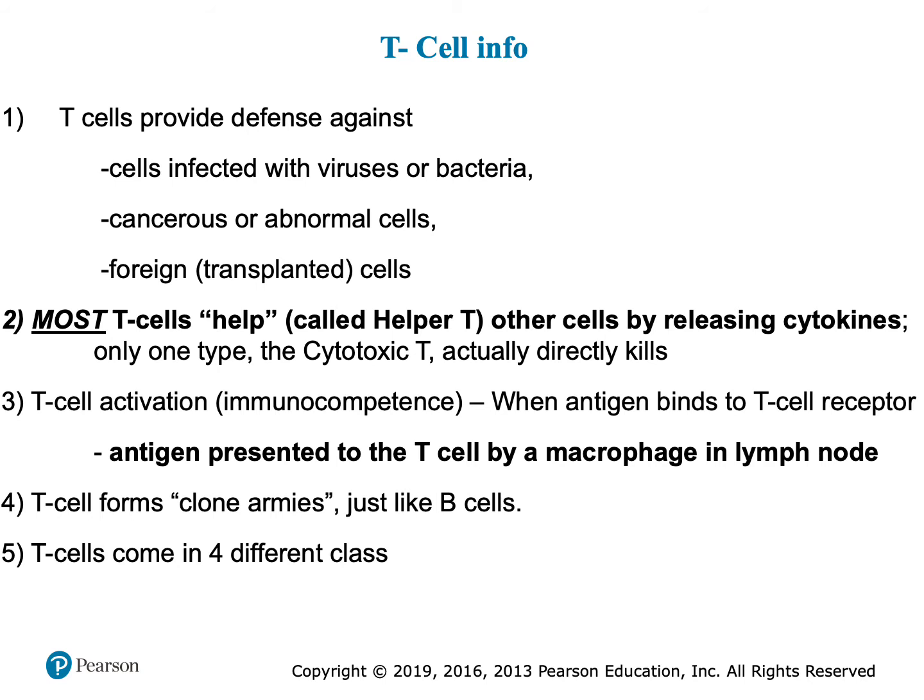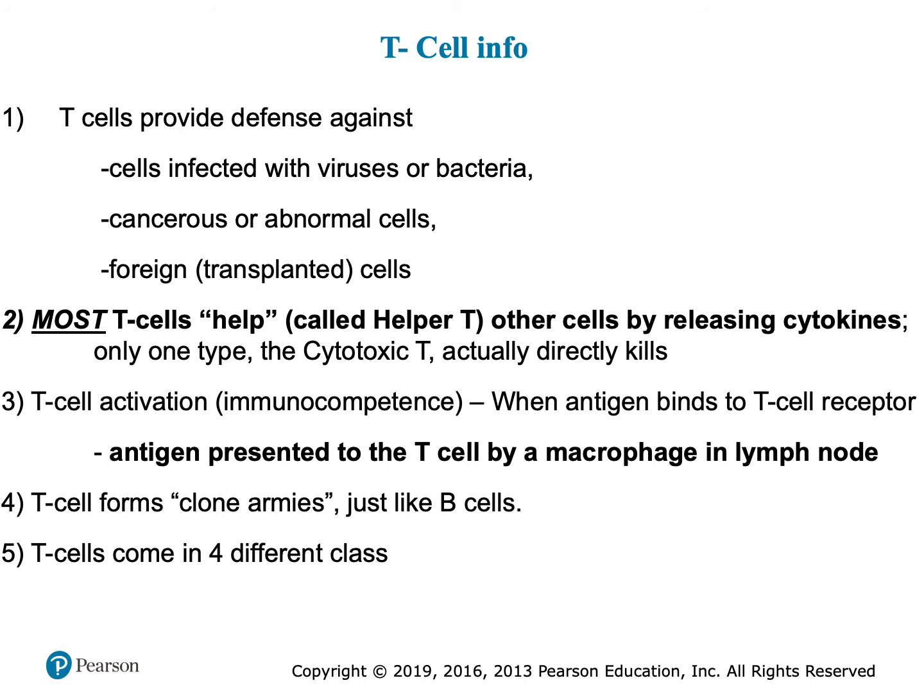Then we're going to end up with that activation. The T cells are going to form an army. They're called clone armies, and it's just like B cells, except B cell clones are called plasma cells. T cells are not called plasma cells, and they actually come in four different classes.